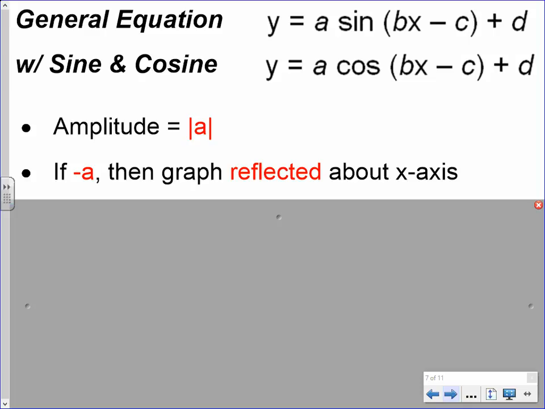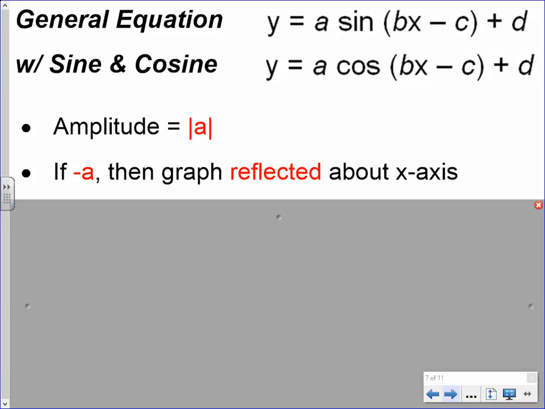Now, for sine and cosine, the period for the parent function is 2 pi. If we have this b multiplied to x, what kind of stretch or shrink is that? Horizontal stretch.